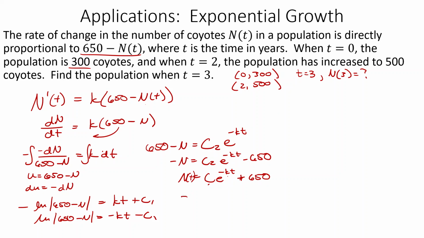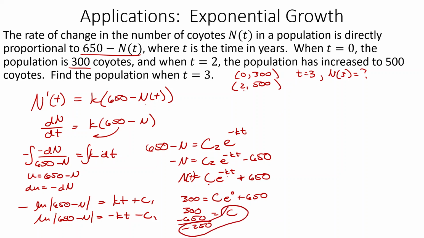So if we plug in 0, 300 will equal c e to the 0 plus 650. So basically we get 300 minus 650 equals c. So that's negative, what, 250? So there's what c is, negative 250.